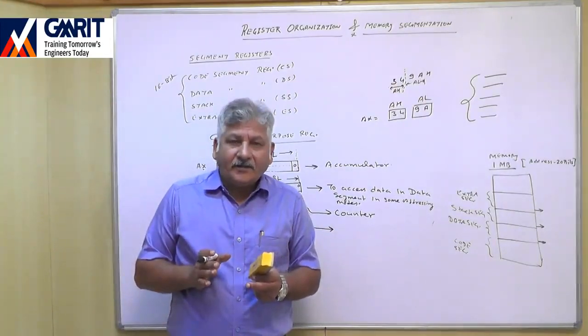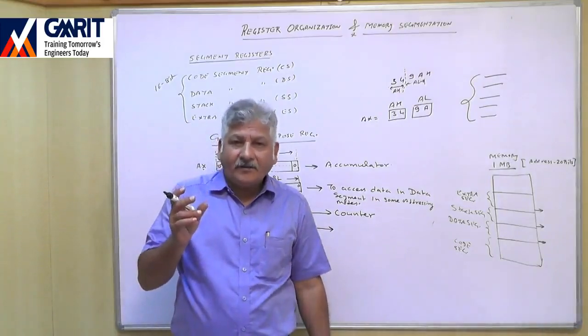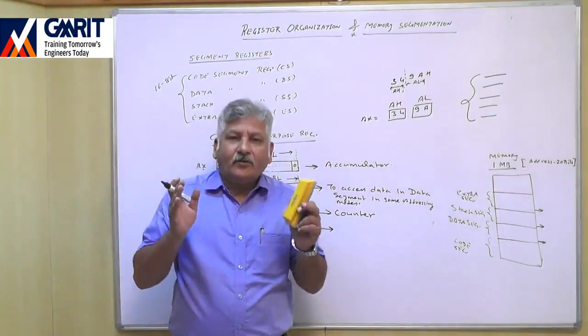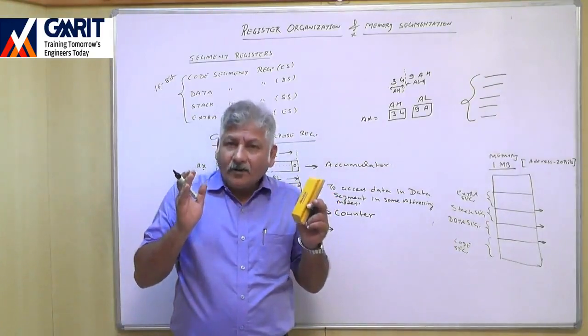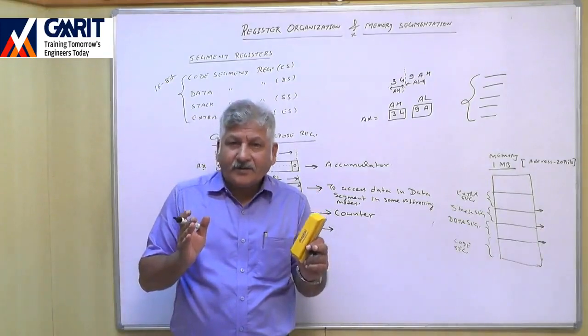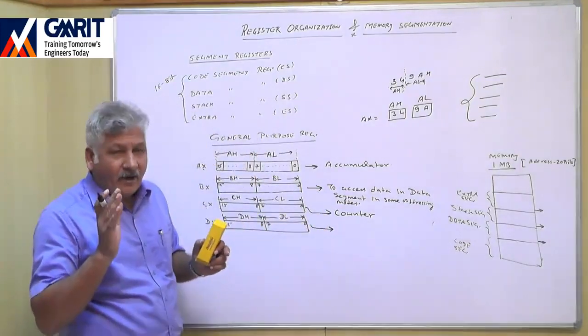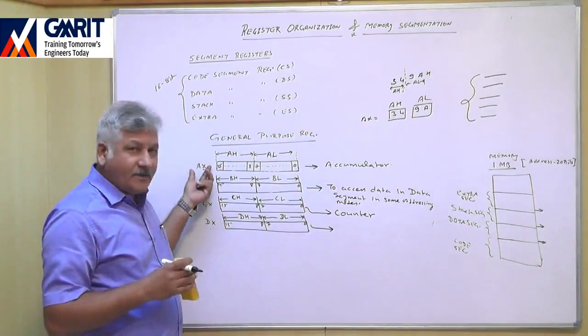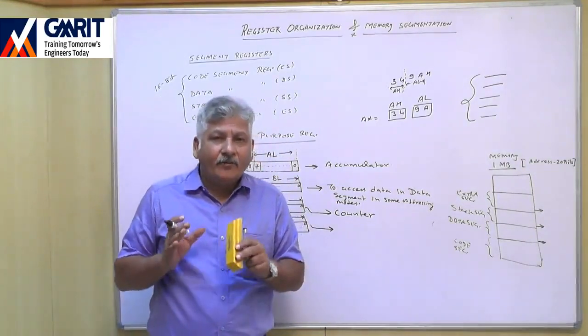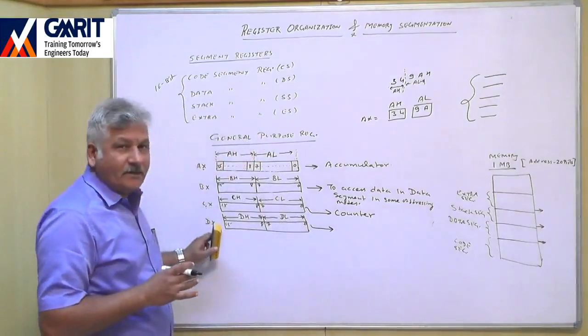In this case, after the multiplication of 16-bit numbers, the lower 16 bits of the result will always be stored in the AX register, and the higher 16 bits of the result will be stored in the DX register. Right?